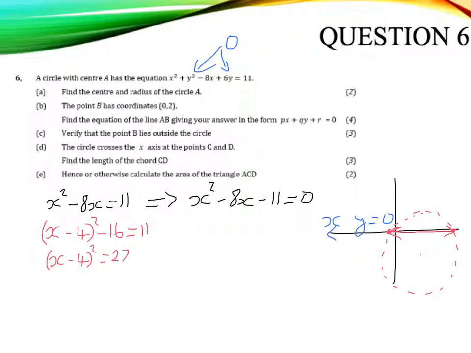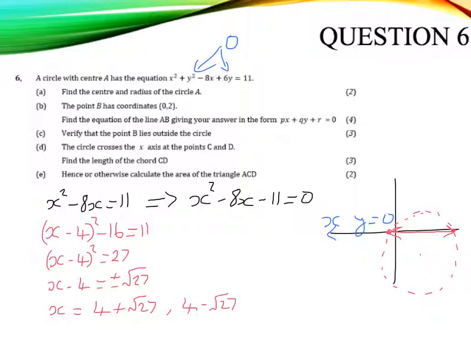Square root both sides. x minus 4 equals plus and minus root 27, and add 4 to both sides. So x equals 4 plus root 27 and 4 minus root 27.